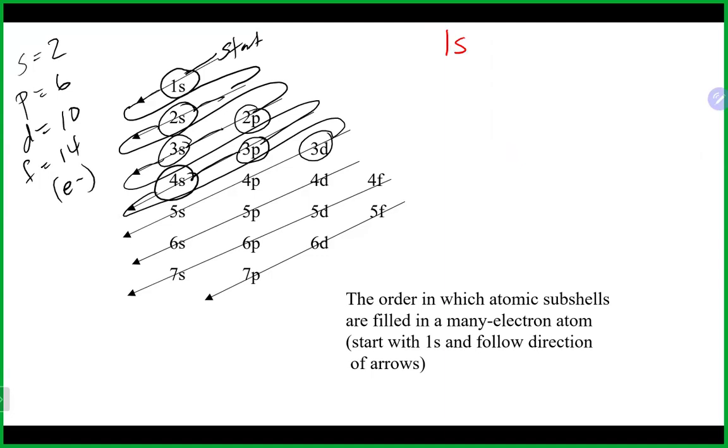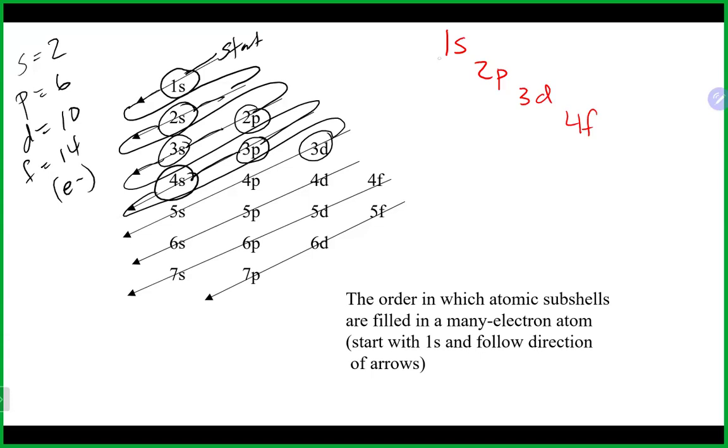Not until the second energy level do we first see p orbitals, so you go down to the right a little bit and put a 2p. Not until the third energy level do we see d orbitals, so down to the right a little bit, put 3d. Not until the fourth energy level do we see f's. At this point, all you have to do is fill in the numbers up to 7 if you want. It doesn't really matter. You can fill them all in to 7.